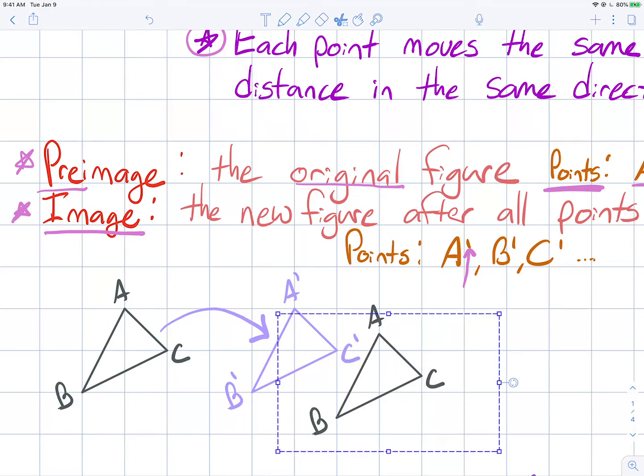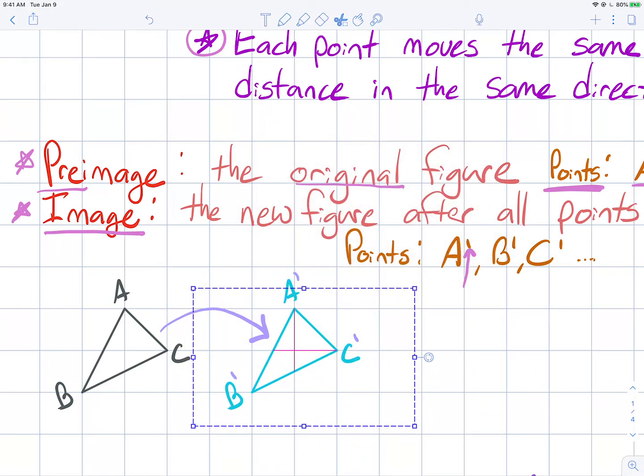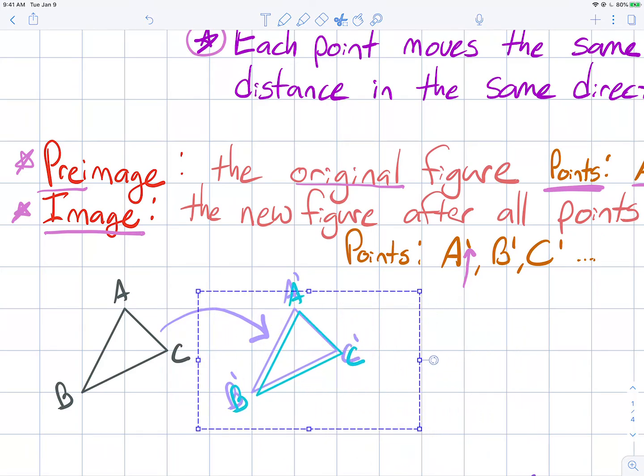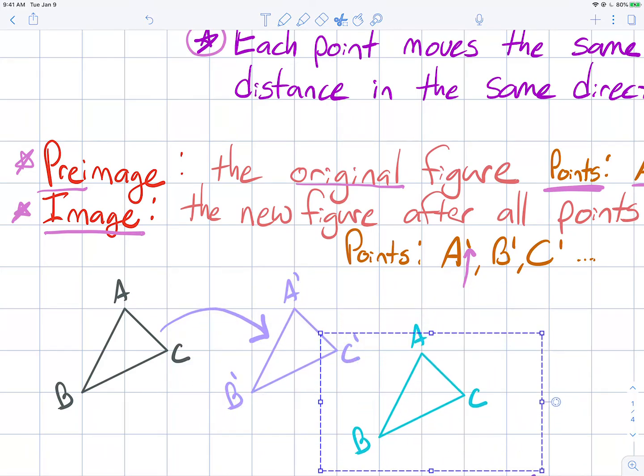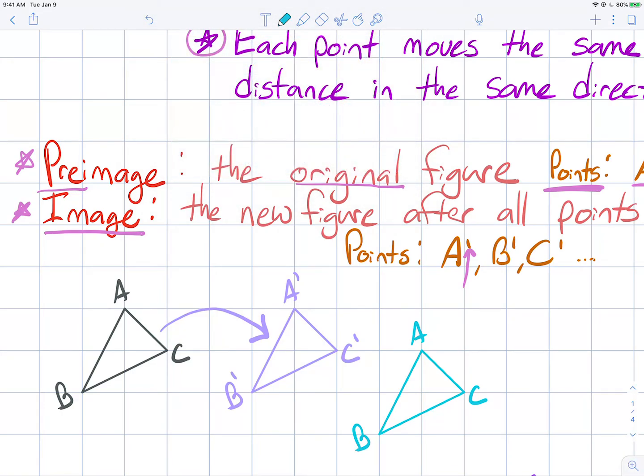Now let's just say that I moved it one more time. So if I took this triangle A prime, B prime, C prime and moved it again, maybe I moved it over and down a little bit. Since I've already done one prime, this is going to be double prime. A double prime, B double prime, C double prime. But again, what that's telling you is the direction that it is moving.